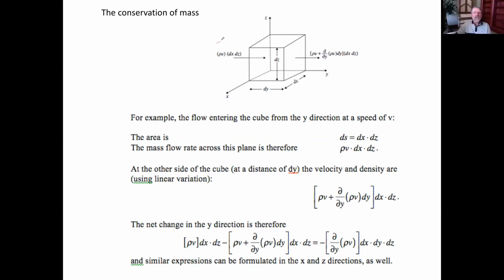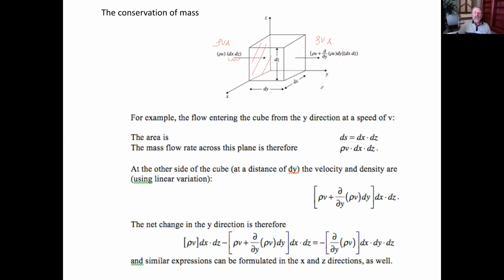It's going to be rho, and the velocity in the y direction is going to be v. And we use the area, let's say A. What is the area of that surface? It is dx dz. Okay, so it's the same thing. Then I do the same thing, rho v A.